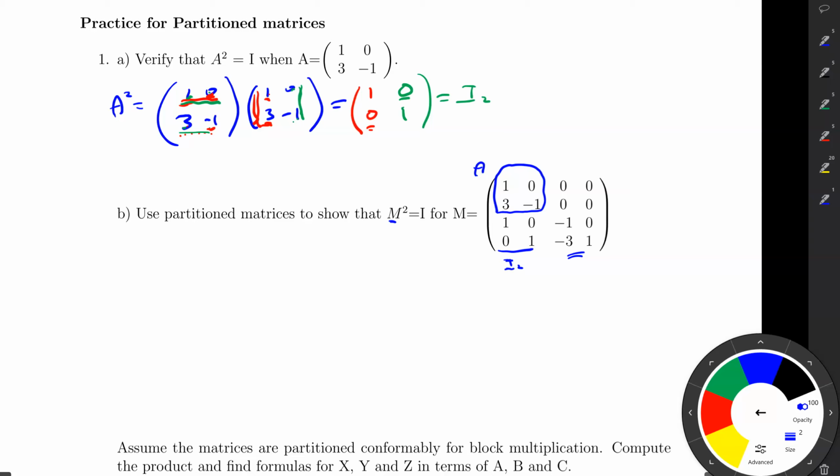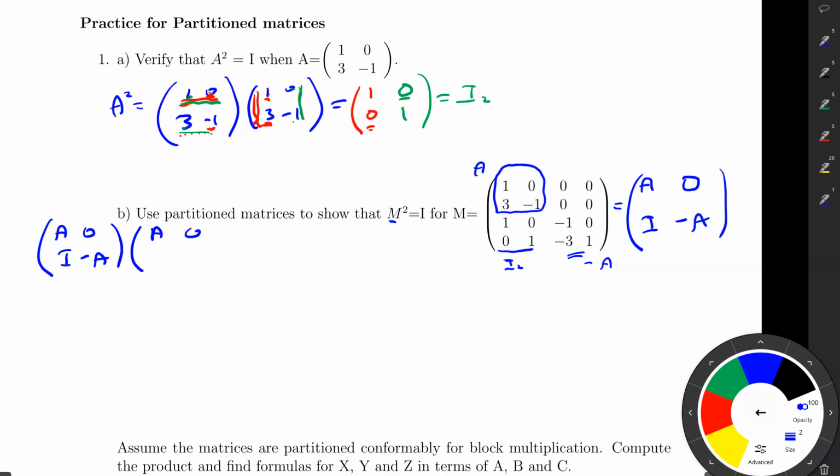What would this be? This looks like negative A. And this here looks like the 0 matrix. So this M can be broken up into A, 0, I, and negative A. So let's take M squared. I'm just going to write it out so that I can multiply correctly.